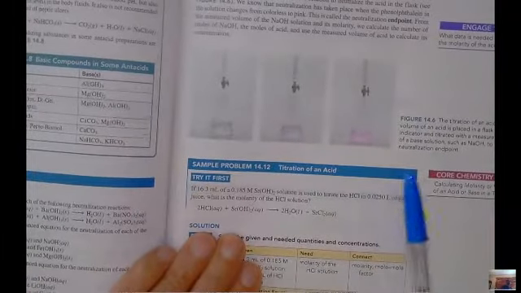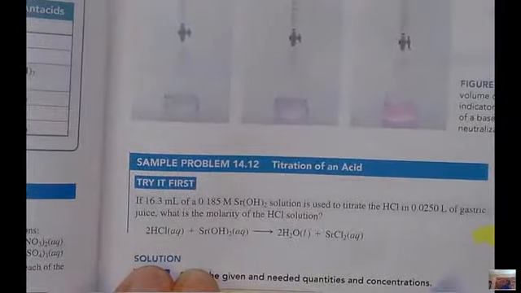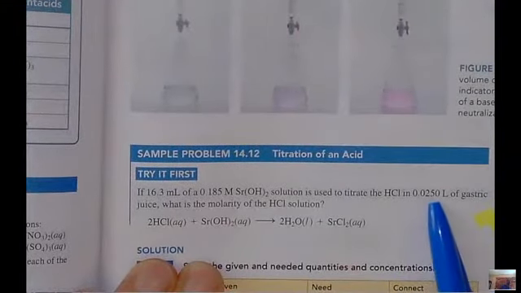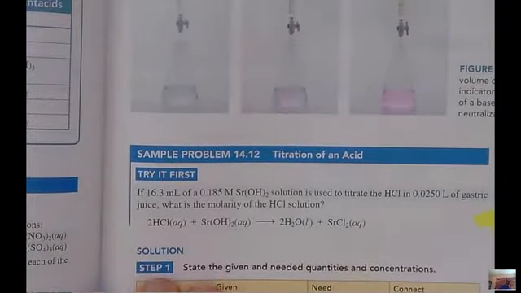This was given to you. It's the original solution of the gastric acid that you started with. They were nice. They gave it to you in liters. Usually somebody would express a small number like that in milliliters, right? That's 25 milliliters.